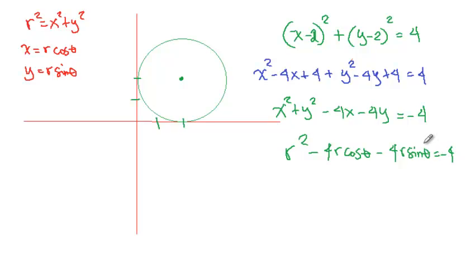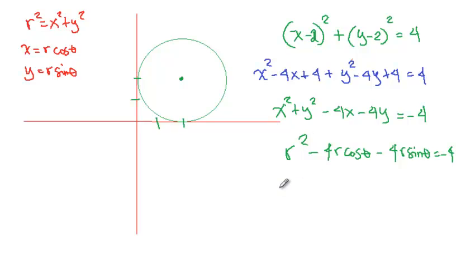And what do we have from here? Nothing special? Factor out 4r.